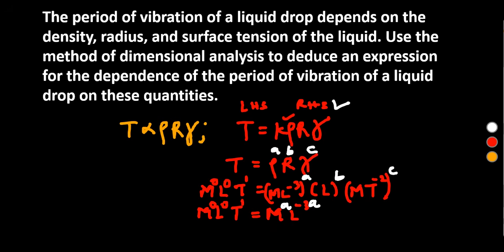Then we have L to the power of minus 3a. We are removing these brackets. And after removing brackets, we collect like terms. So this is L to the power of B. Coming to this, we have M to the power of C. Then T to the power of minus 2C.